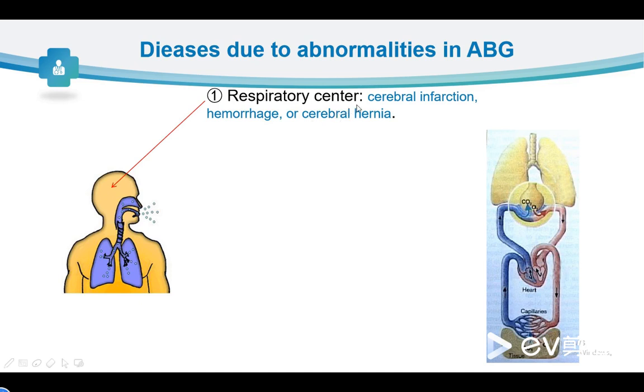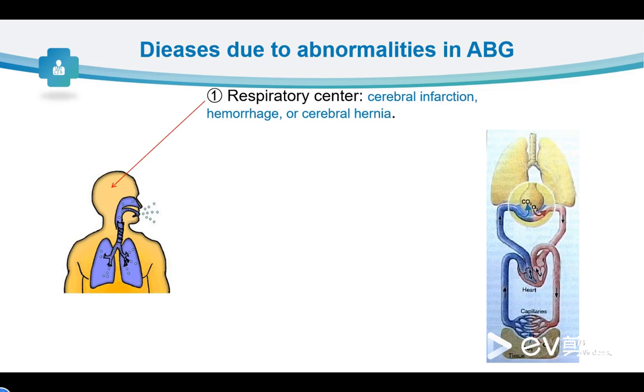The causes include cerebral infarction or hemorrhage of the respiratory center directly, or the cerebral hernia caused by the massive cerebral infarction or hemorrhage. All of these causes can cause apnea, which finally results in a decreased ventilation.